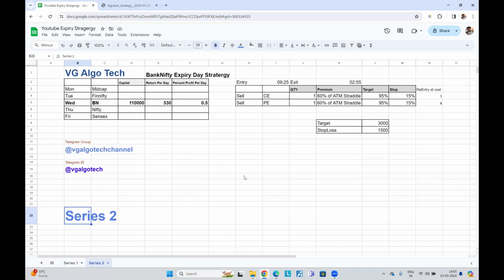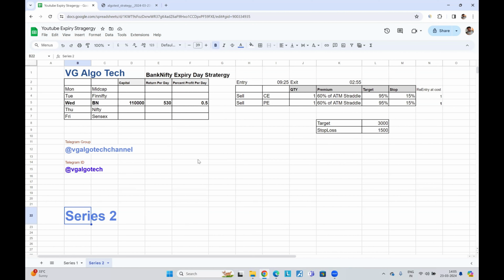And it's all free. All these strategies whatever I'm explaining, and all the Tradetron strategies whatever I'm giving, is all free. If you go to some YouTube channels, maybe they are charging you a heavy amount of 10k, 15k for these kind of consistent returns, but that's not the case here. So anyone who wants to run these strategies can run them for free, but the risk is all yours, guys.